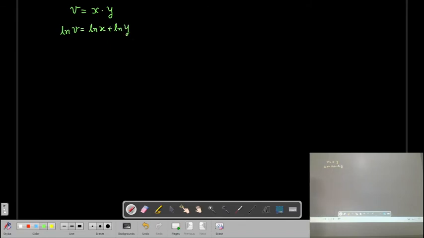So we can use a log amplifier to generate log x, and we have another log amplifier to generate log y. Then for the summation of these two logs, one can use a summing amplifier.